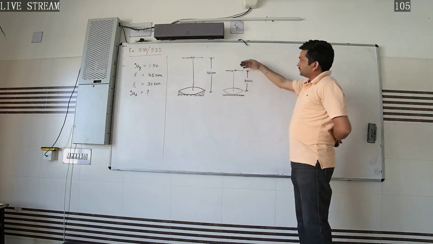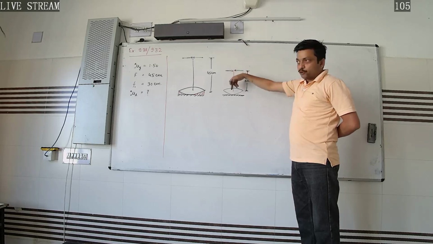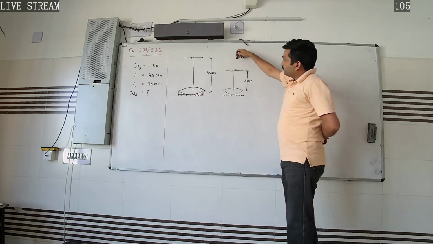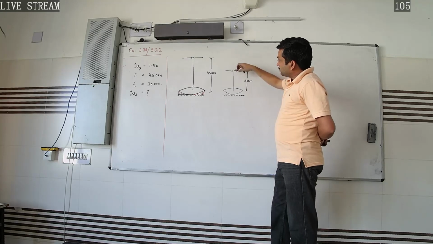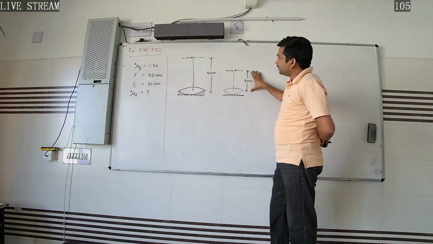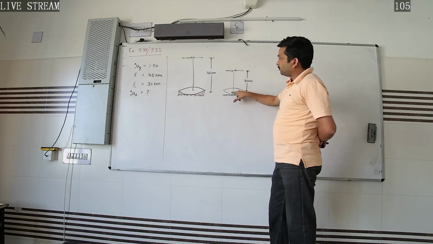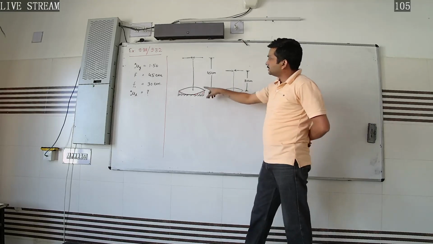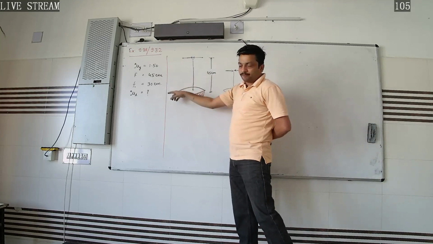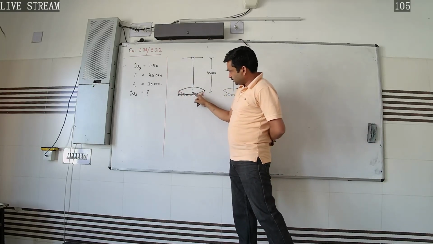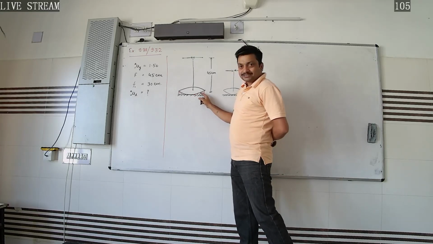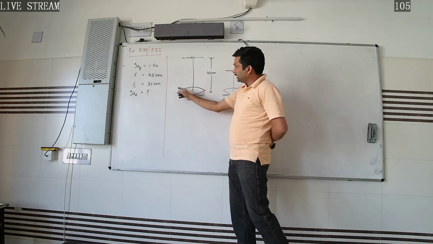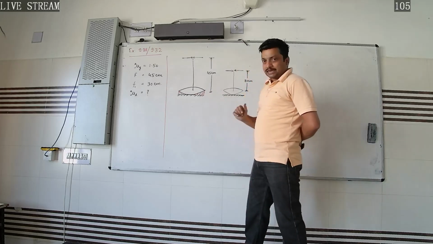And in the second case, when the needle is lowered from the clamp stand where it is mounted, the parallax is removed at a distance of 30 centimeter. So this distance is called the focal length of the convex lens. The first distance is the focal length of the combination of this convex lens, this plane mirror, and this liquid lens. The liquid lens looks like a plano-concave lens.